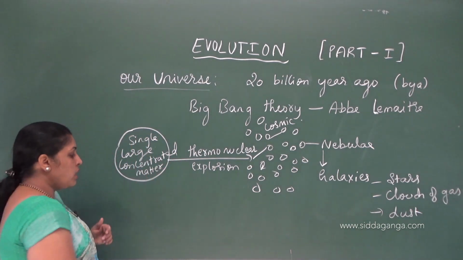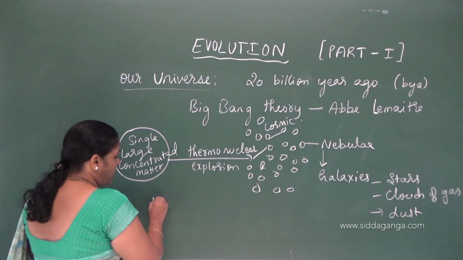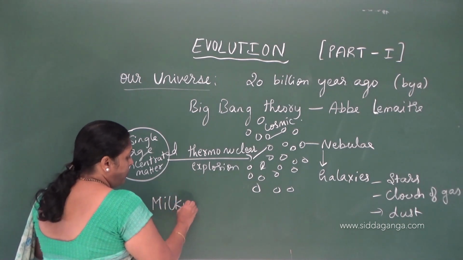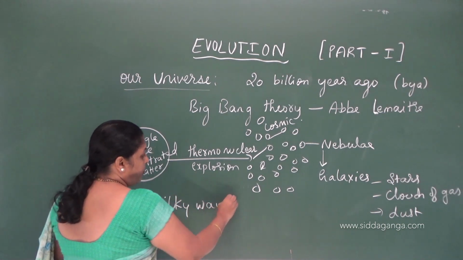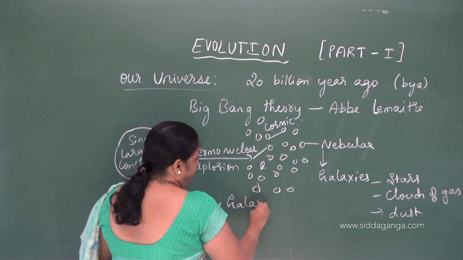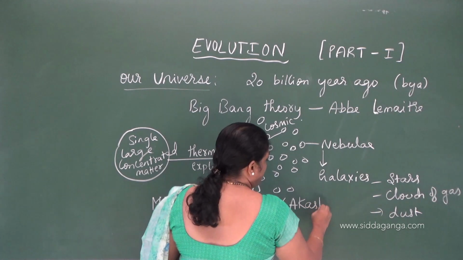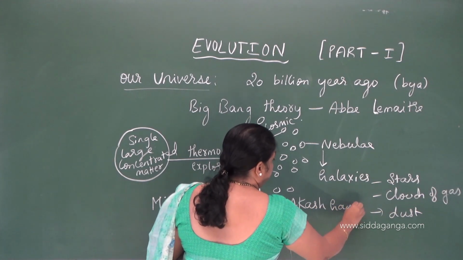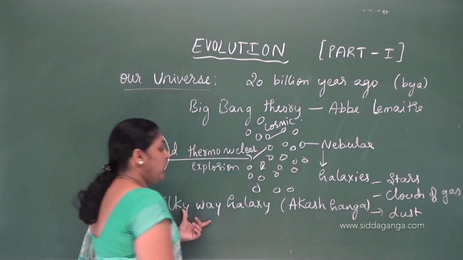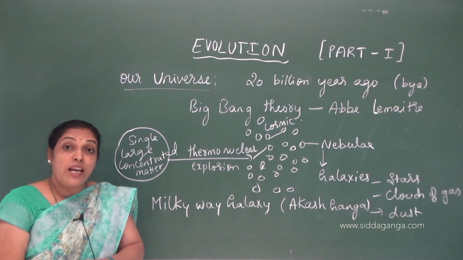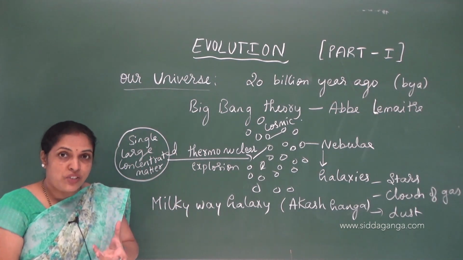In that, our galaxy is the Milky Way galaxy, which is also called Akash Ganga. In this Milky Way galaxy, the Sun is one of the millions of stars.